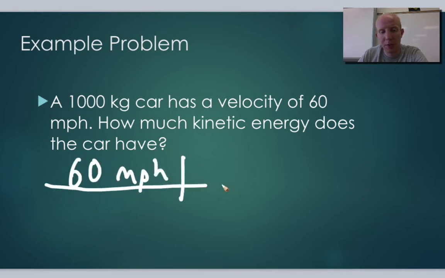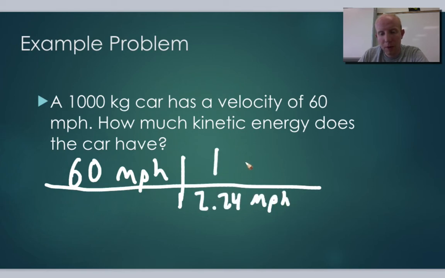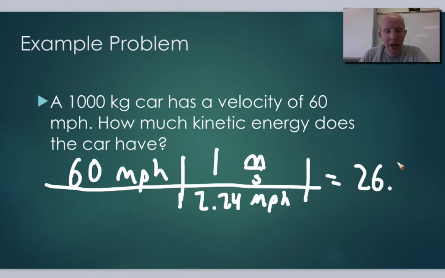So 60 miles per hour is equal to, if I'm not mistaken, 2.24 miles per hour for every 1 meter per second. So basically just 60 divided by 2.24, and we get 26.8 meters per second.